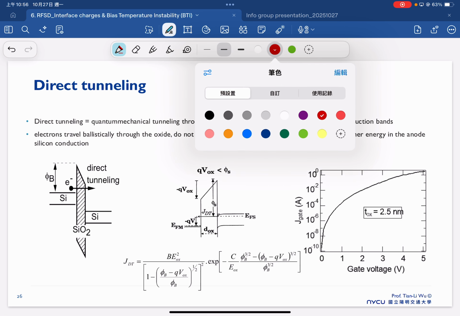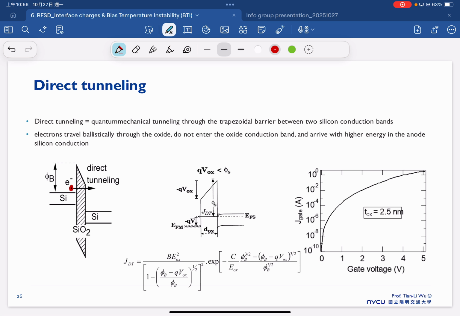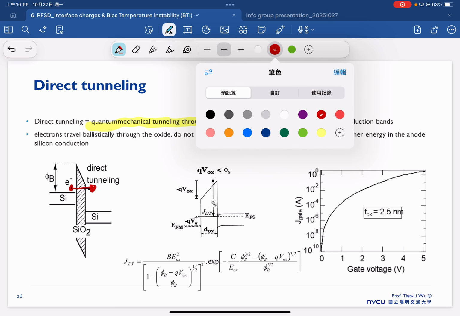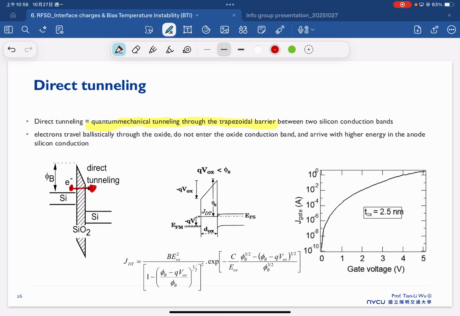Then the electron can already tunnel through from the left to the right. So direct tunneling is mainly due to quantum mechanical tunneling through the trapezoidal barrier here. That's because we have a very thin dielectric. So the difference between FN and direct tunneling can be considered mainly due to the dielectric thickness.